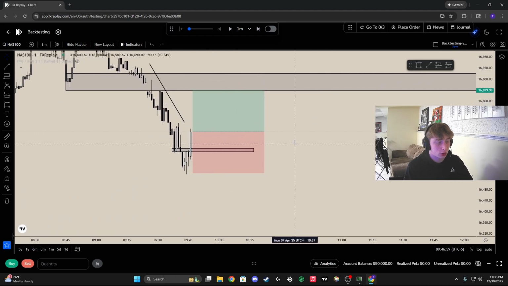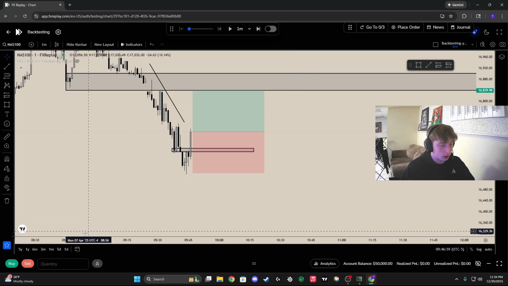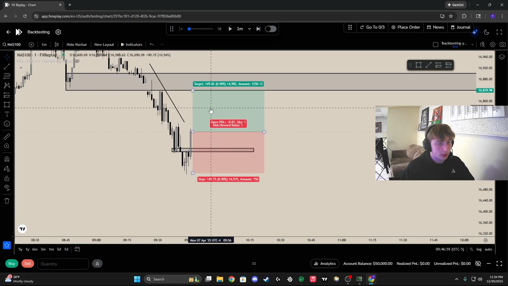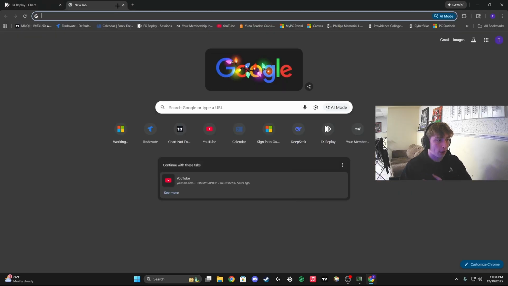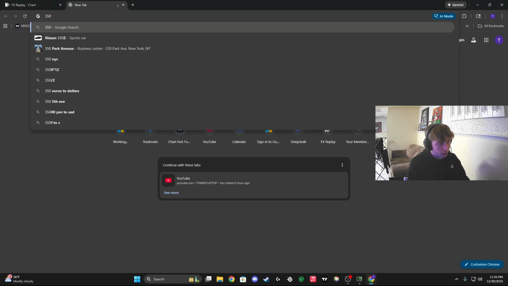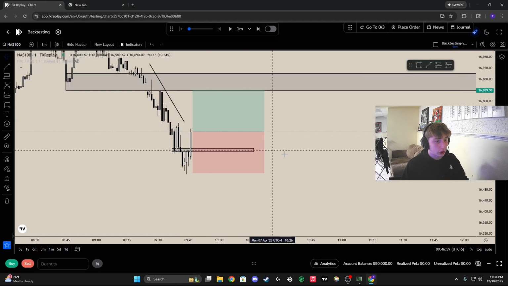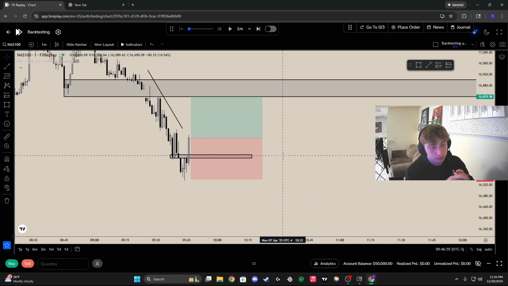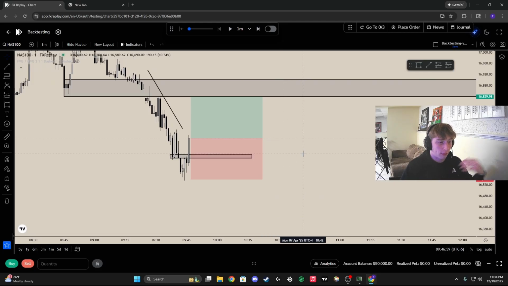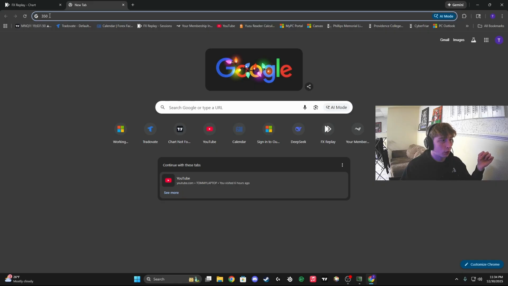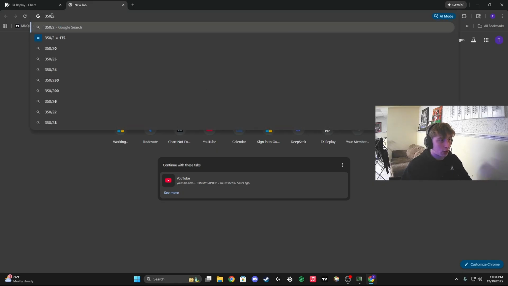Now, how do we actually do the math for how many contracts we want to do? First things first, you're going to see how many points and how much you want to risk. So if I'm risking $350, we know that on NQ, every point is $2. So if every point is $2, that basically means if we're risking $350, we have to divide by 2. If we were 20 points away, actually that's a bad example.